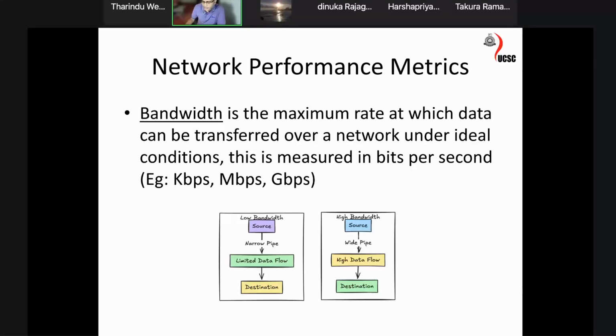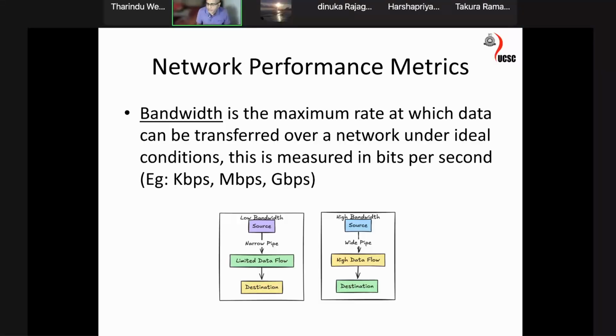For example, let's say you have a source server connected at 10 gigabits per second. Your destination or client machine can be at 1 gigabit per second, because the server is required to provide services to multiple clients. So you need to have higher bandwidth at the server end but can have lower bandwidth at the client end, because the server needs to send data to multiple clients.